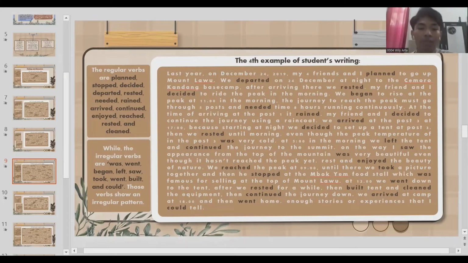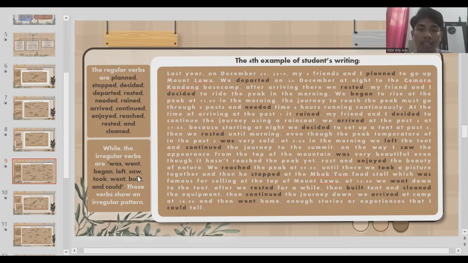The rule of the regular verb is that for a verb with one syllable, a single vowel, and ending in a single consonant, the consonant must be doubled before adding ed. For example, verb 1 is plan, so verb 2 changes to planned.